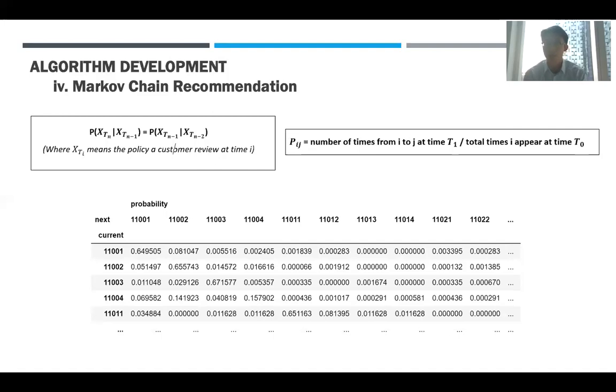So Pij is equal to the number of times from i to j at time t1 divided by the total times i appears at t0. Based on the transition matrix, we only use a customer's first review policy as the current event and recommend the top 10 highest probability next policies to these customers. And this model performed much better than the previous one. And finally, my teammates will introduce the evaluation and the results.